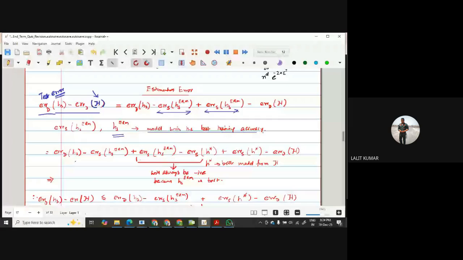Further, we can also add h star. H star is basically the best model from the hypothesis class.